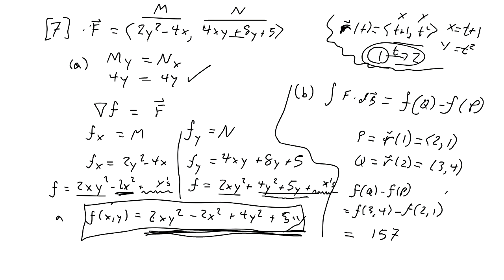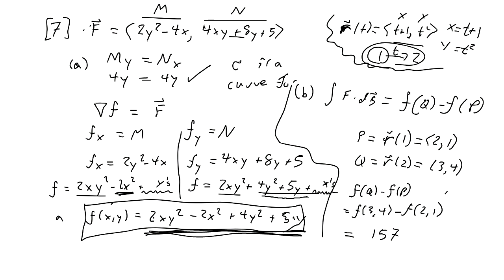Gotcha. Now, another way that this problem could be stated on the test is it could just say that C is a curve from the point 2, 1 to the point 3, 4, and it might not even give you a parameterization.